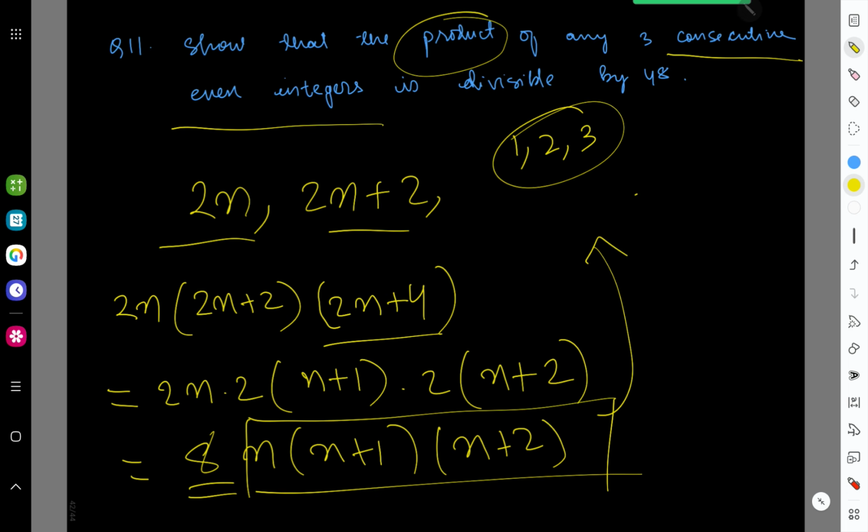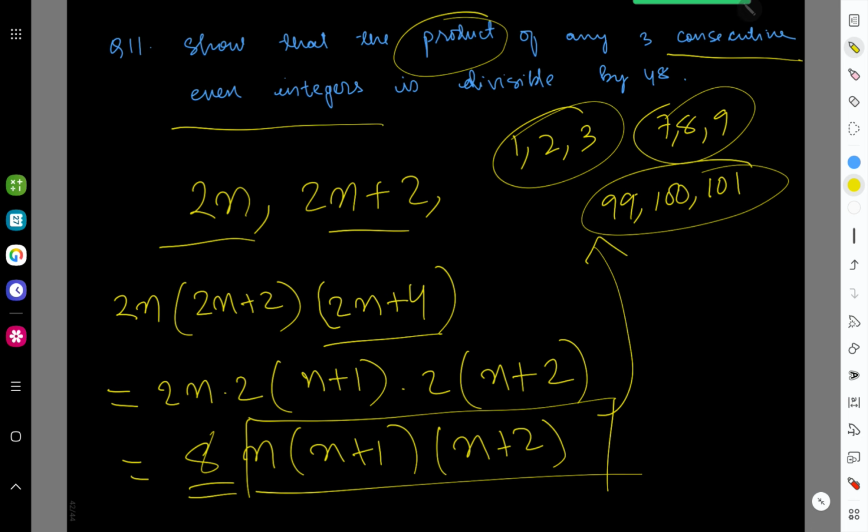I'll take 1, 2, 3 over here, and 7, 8, 9, any three consecutive integers. Whatever number you start with, just begin with that number without skipping any number. 99, 100, and 101. So one such property for three consecutive integers is that one of the numbers is even.